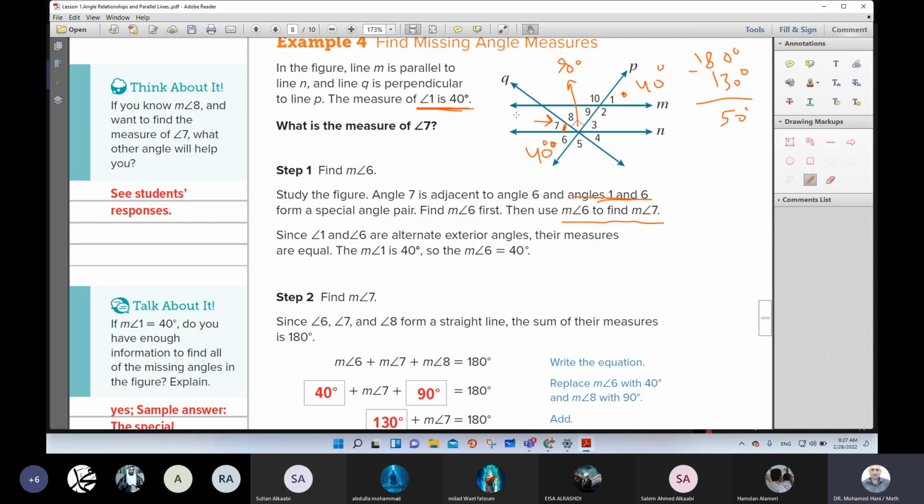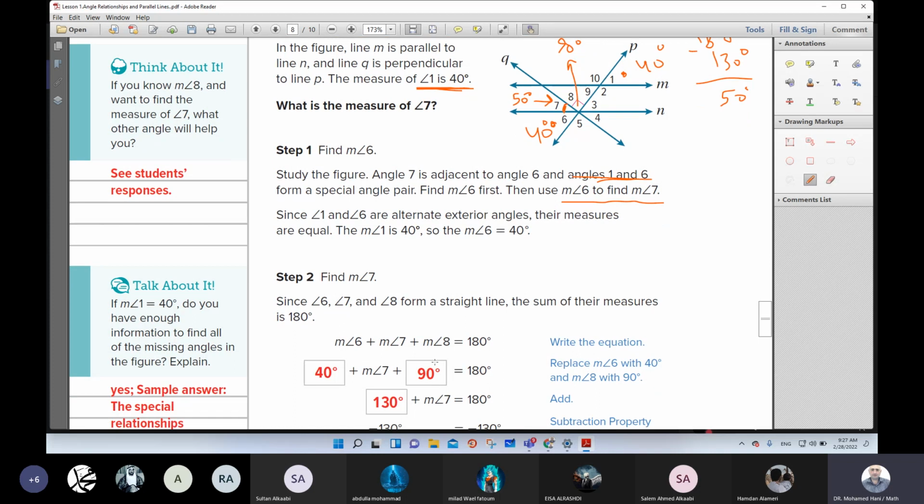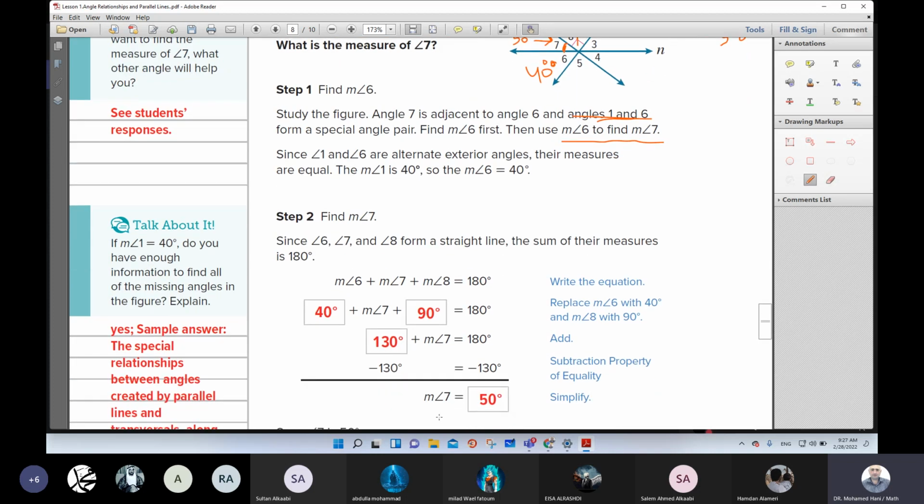So angle 7 equals 50. Step 2, to find the angle 7, you can do this equation. You will get angle 7 will be 50.